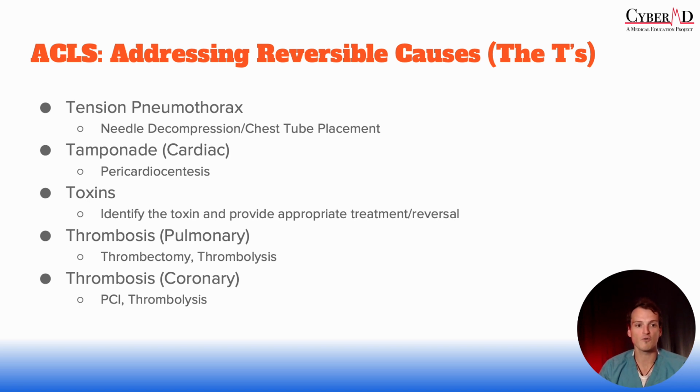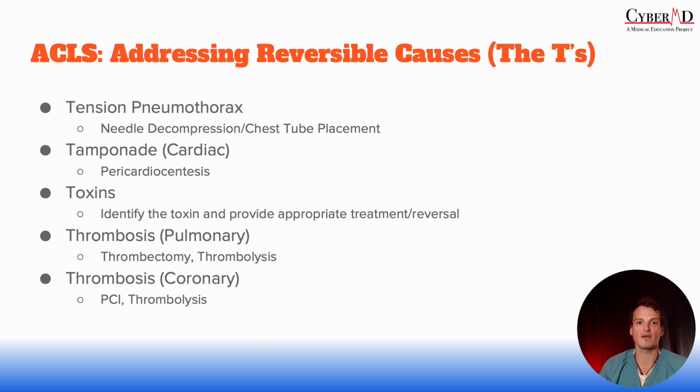And then number 4 and 5 are both thrombosis. This can be thrombosis of pulmonary origins, such as a PE, in which case maybe the patient needs thrombolysis or thrombectomy in order to reverse this. And then also it could be of coronary origins, so maybe they need PCI or thrombolysis to reverse this. Thrombus of coronary etiology would be somebody who had a myocardial infarction, essentially.